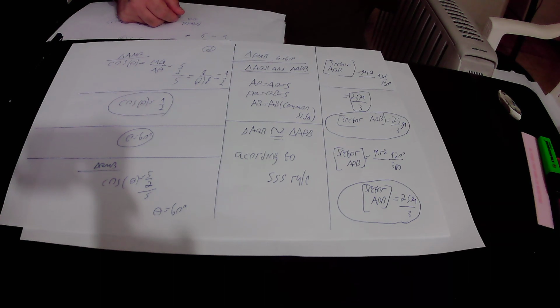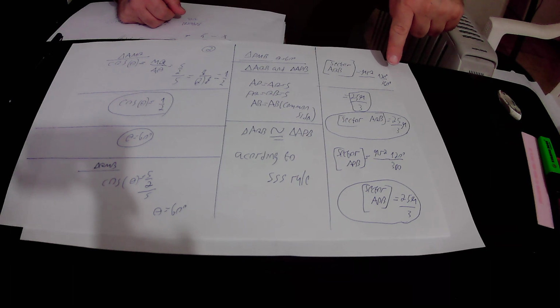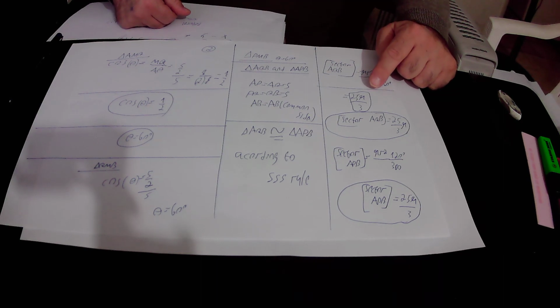R equals 5 units, therefore r squared is 25. So it is 25 pi, and 120 degrees over 360 degrees is 1 over 3. So in conclusion, the area of sector AQB is equal to 25 pi over 3 square units.